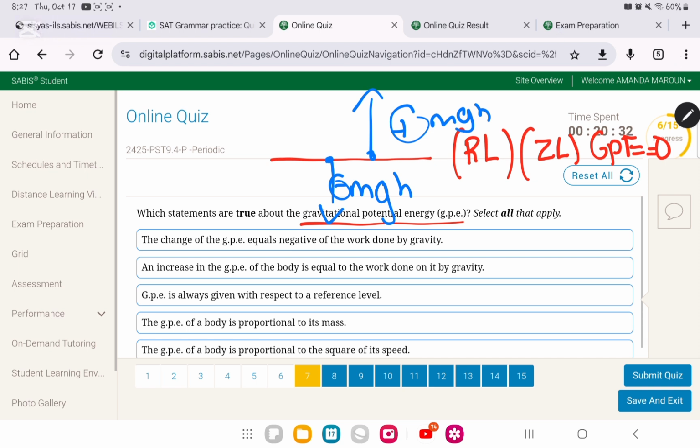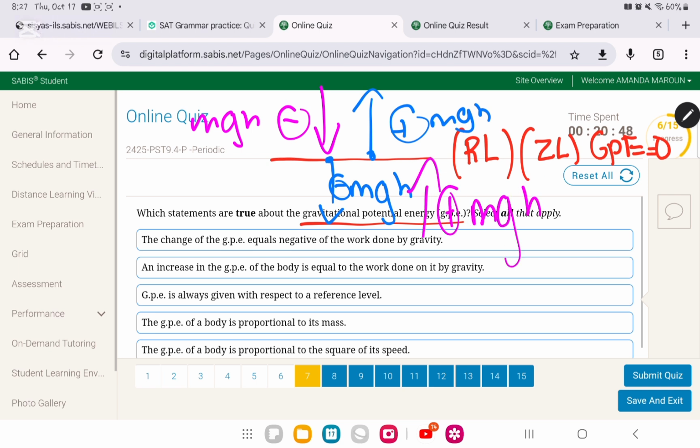Down can mean below the reference level, or it can mean like this. So this is minus mgh because it's going down. Up can mean above the reference level, or it can mean like this. So this is plus mgh. So down means minus, up means plus. Okay? This is the case for GPE.